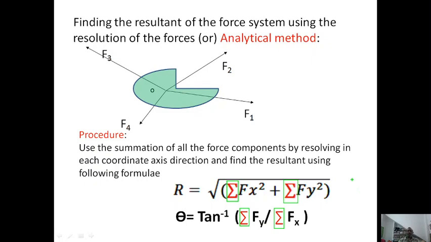Because the number of forces we are taking may be 1, 2, 3, 4 or 5, 6, 10 forces also you can deal with, and all the forces get resolved into the components Fx and Fy, that means summation of forces in the x direction and summation of forces in the y direction, and you get the resultant by using the formula R is equal to square root of sigma Fx square plus sigma Fy square, and theta is equal to tan inverse sigma Fy by sigma Fx. That gives the direction of the resultant of the total forces.